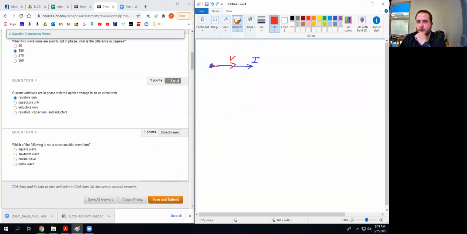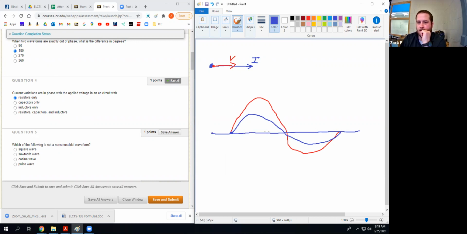What that means on a sine wave is if this is your voltage, and this is your current, they're exactly in phase with each other. It just means that the sine waves line up. Okay, so they cross at the same point here, here, and here. That is in a purely resistive circuit.